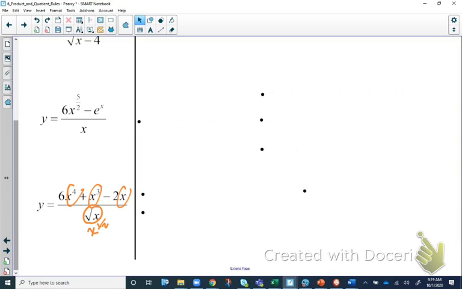So if I use the properties of exponents there, I'm going to get y to be equal to 6x to the, what would that be, 7/2 power, I believe. And then plus x, so when I subtract the 1/2 there, that would be to the 5/2 power. And for the last one, minus 2, that would just be to the 1/2 power. There we go.